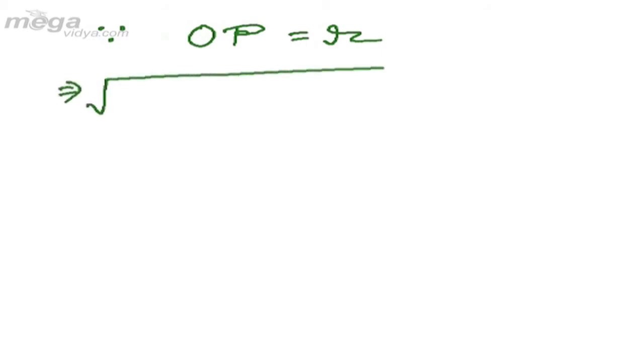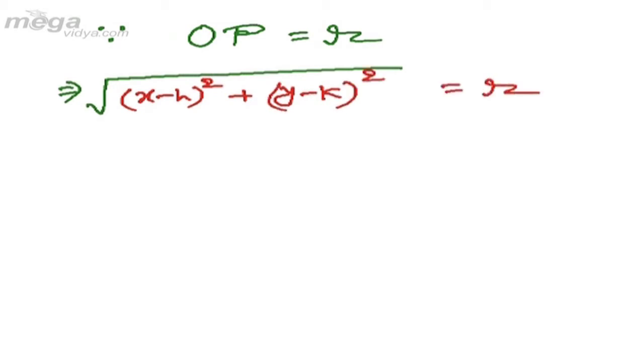So here, according to this definition, the distance between O and P is r, that is OP equal to r. Now using the distance formula, we can write it as root under (x minus h) whole square plus (y minus k) whole square is equal to r.